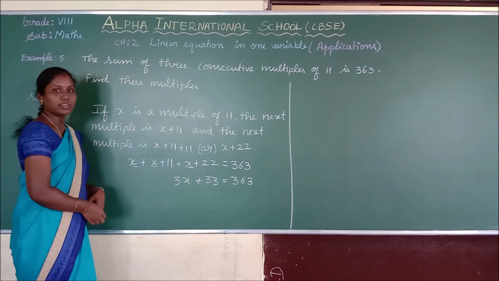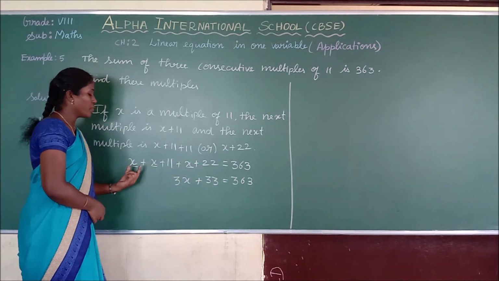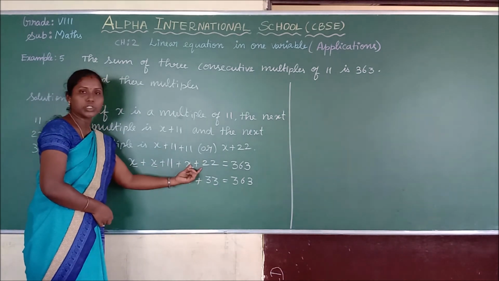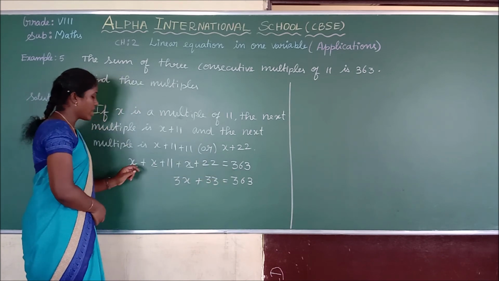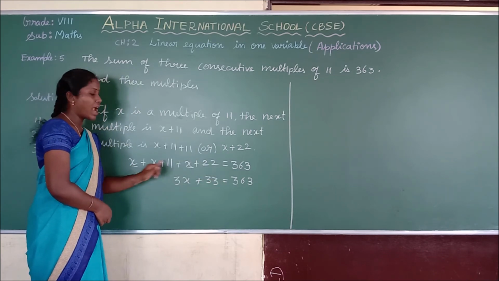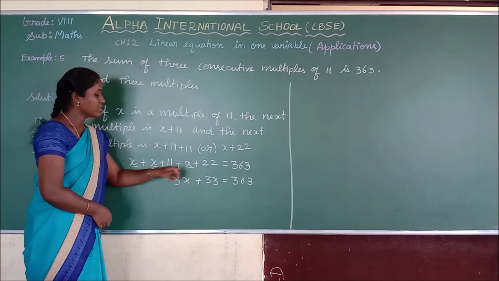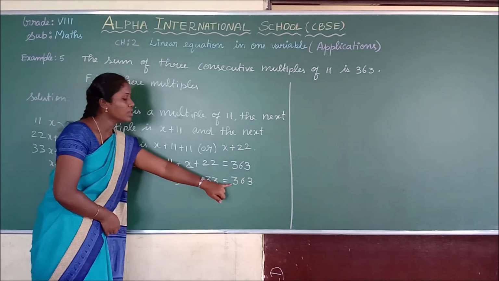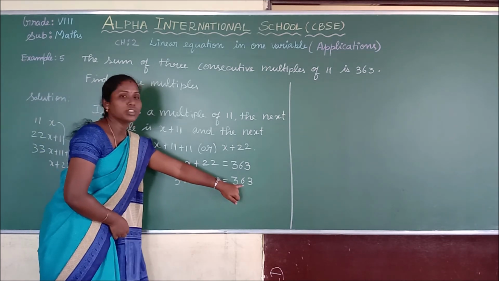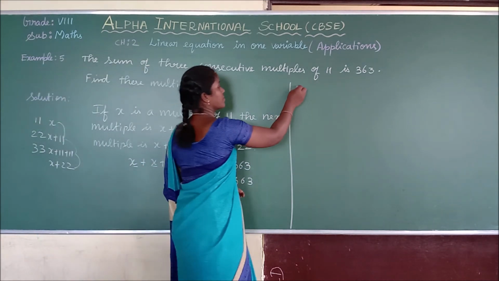is equal to 363. Yes. So it is given the total is equal to 363. So we are adding the 3 consecutive multiples of 11 which is equal to 363. We are having the same variable x, so add the variable at once. So it is equal to 3x plus the constants 11 plus 22, which is equal to 33, which is equal to 363. Now solve for x. So keep 3x.